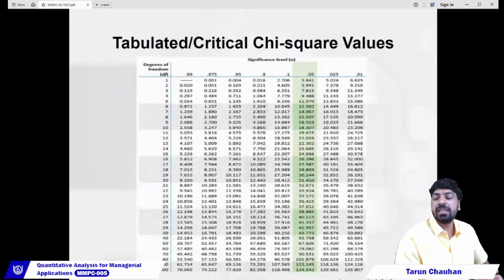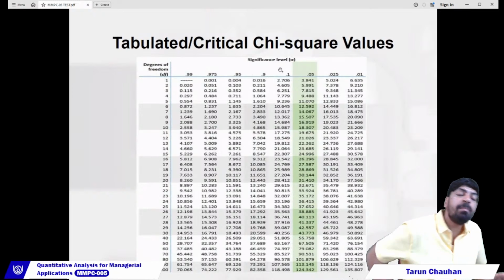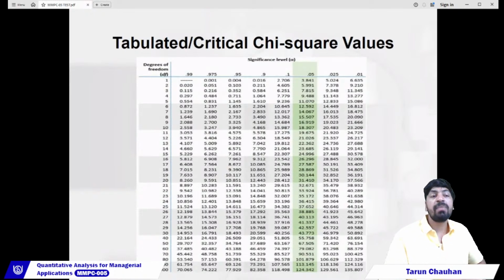The degrees of freedom are given in the column, that is 1 to 1000, and the significance level, which is called the alpha level, is given in the row, that is 0.99, 0.95, 0.9. These significance level values will be mentioned in the question. But in my question, the level of significance is 0.05 and degree of freedom is 1.